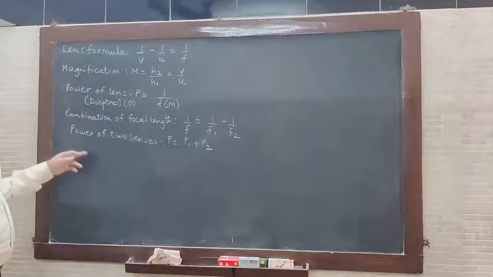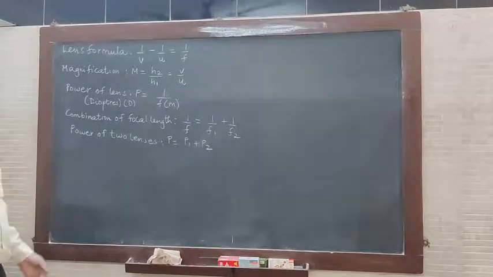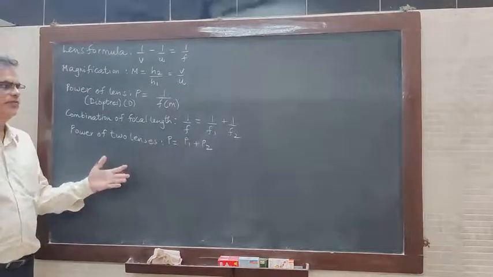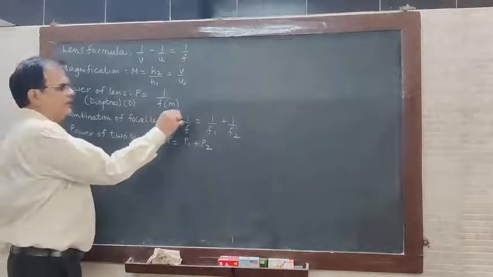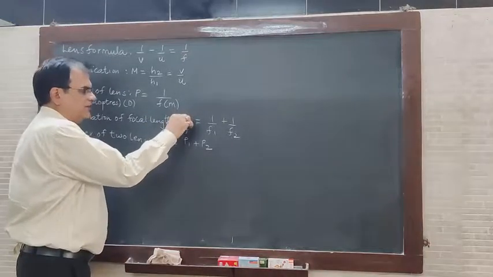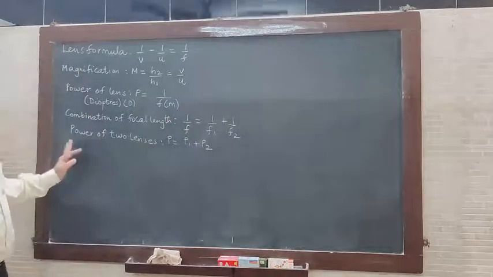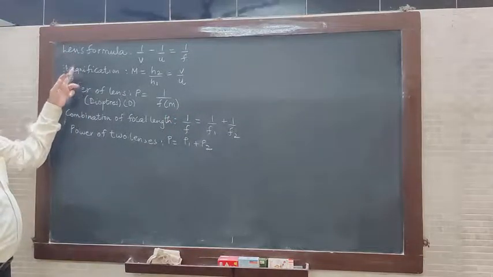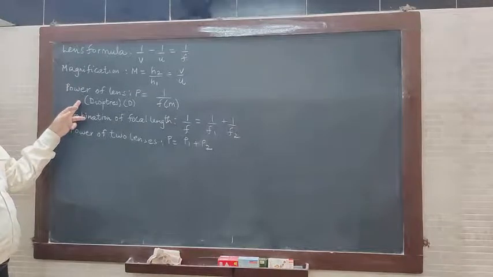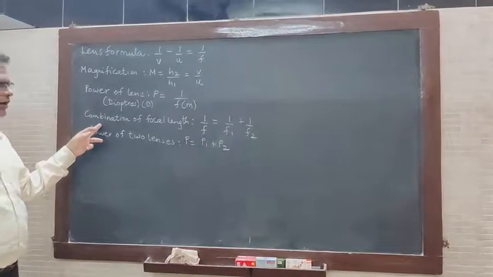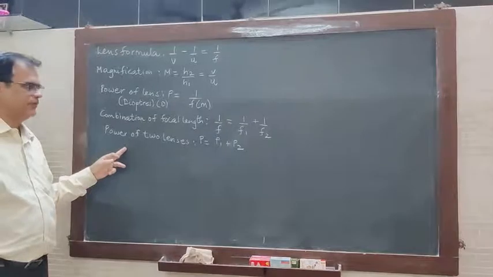So this is the total set of formulas that you have in this chapter. Copy down these formulas properly in your notebooks, and then we solve the sums. Now we do the sign conventions also. So these are the formulas: lens formula, magnification formula, power of lens formula, combination of focal length, and power of two lenses.